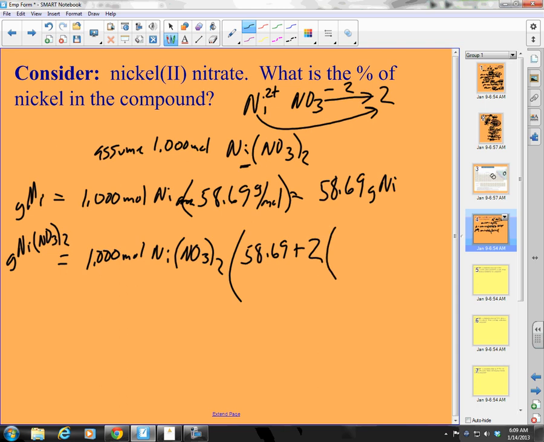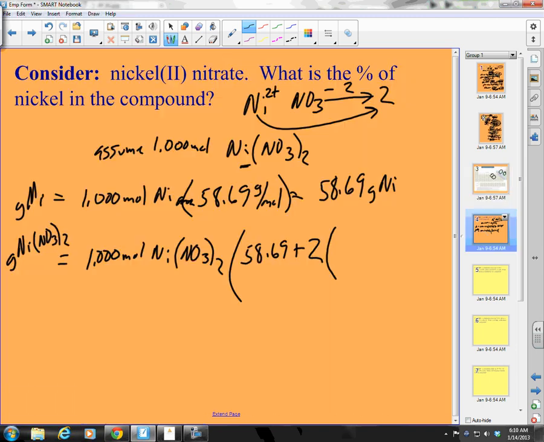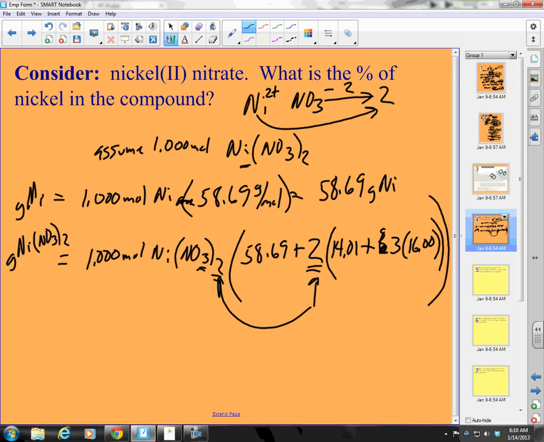Nitrogen is 14.01, plus 3 times oxygen. Ooh, that was almost a mistake, right? You guys follow here? This 2 goes with that 2, so I'm going to multiply my nitrate by 2. So this is my 1 nitrogen, this is my 3 oxygens. Okay, I did that right.